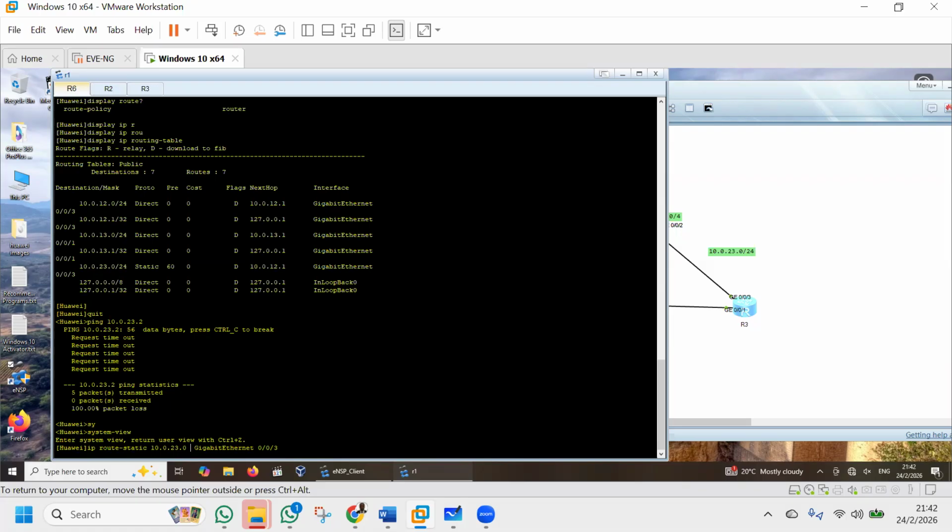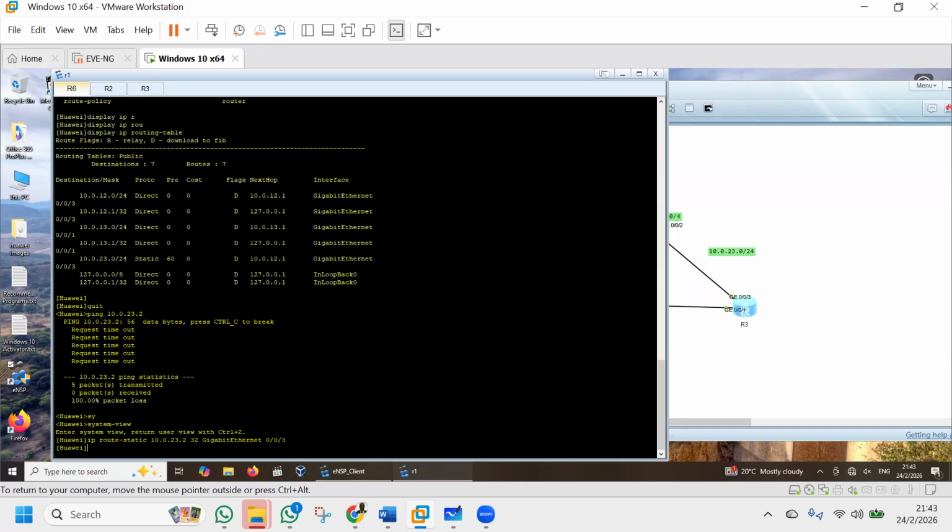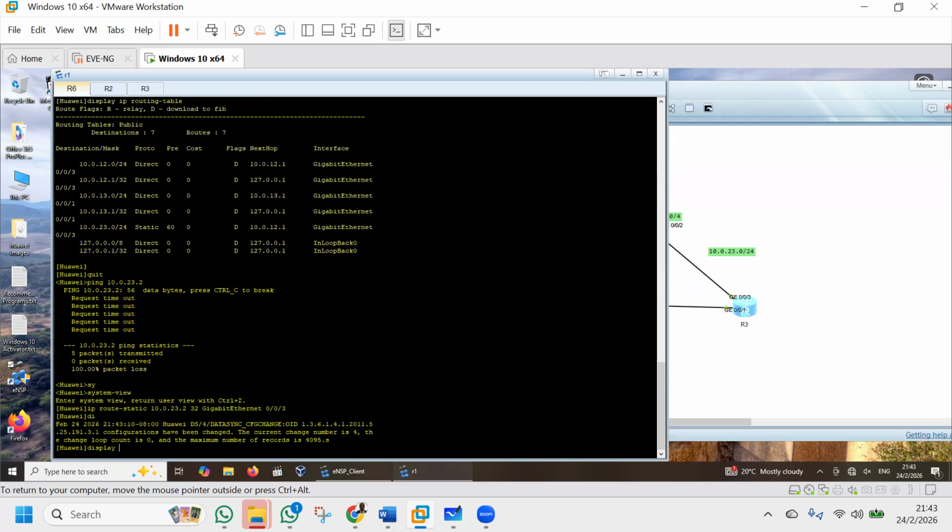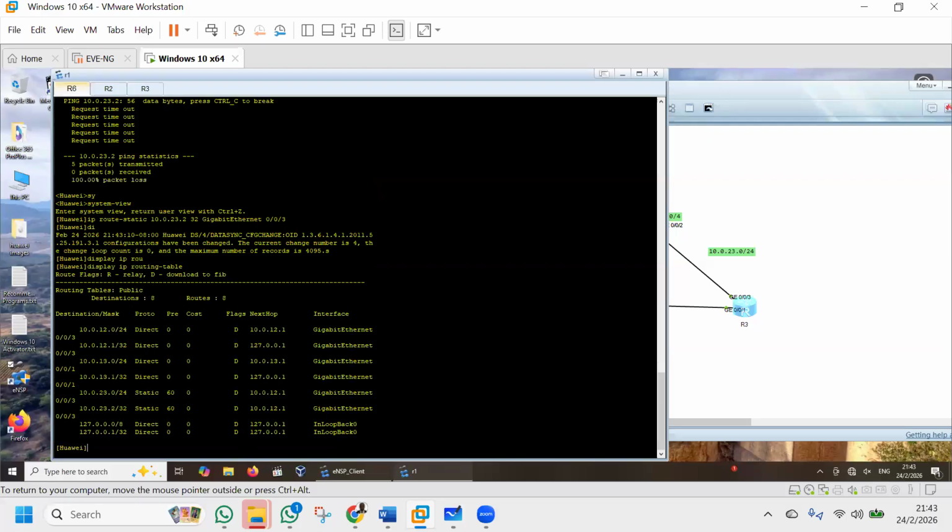Interface, it was .2. Why advertise my interface? Why not my networks? Static route. That's weird. Right, so route is ready, display IP routing table. Now I have two routes.